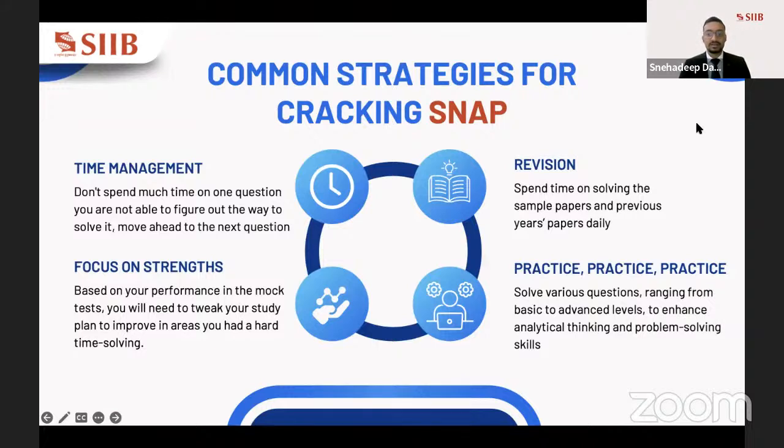You need to spend time on solving sample papers and previous year papers that you can easily access over the internet. And the third and the last strategy for cracking the SNAP exam, I will say, is practice, practice, and practice. The more you practice, the more you get accustomed to the speed and the accuracy.